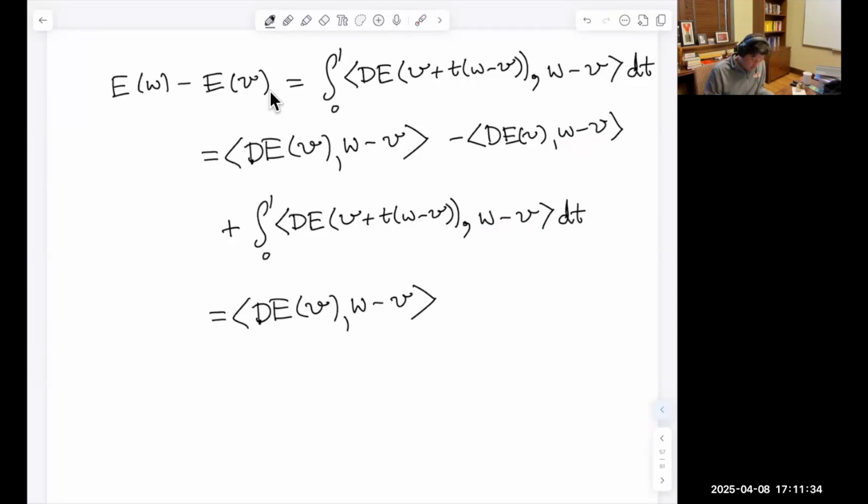So I should be able to write the integral from 0 to 1. Not a vector that way.